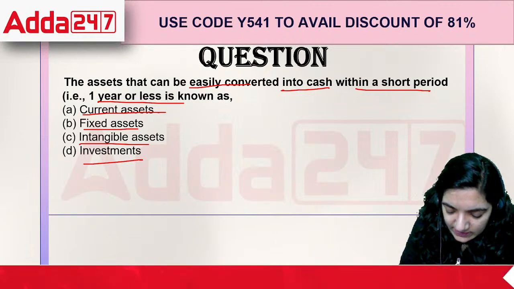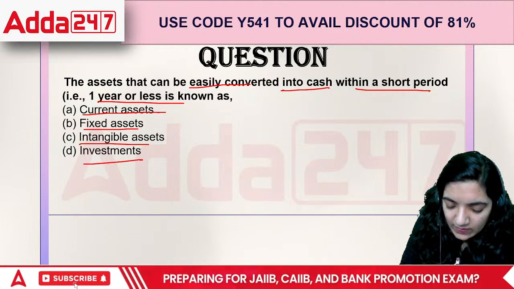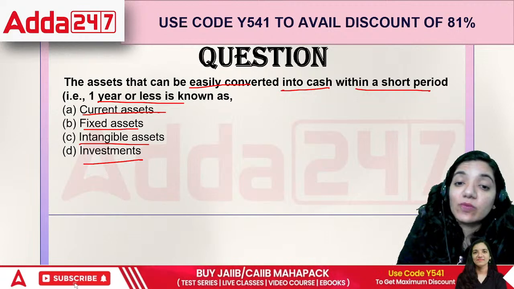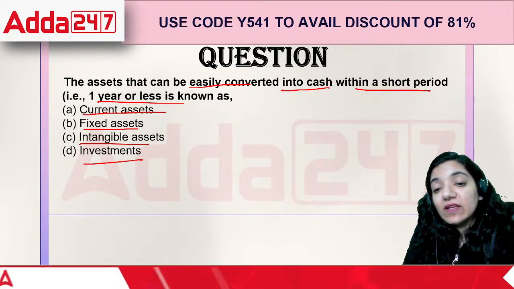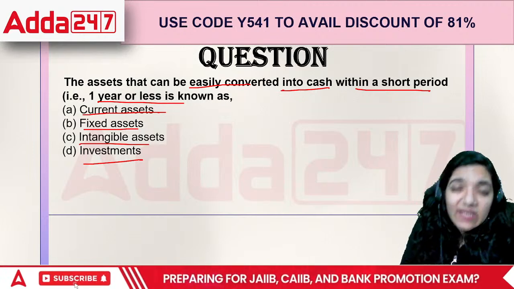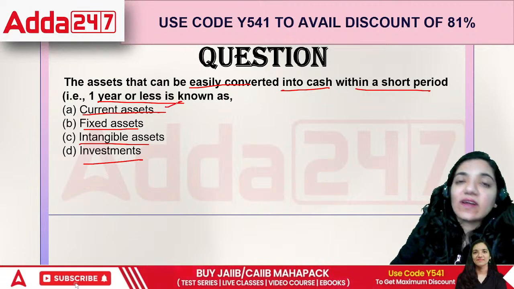The things which can be easily converted into cash are called current assets.